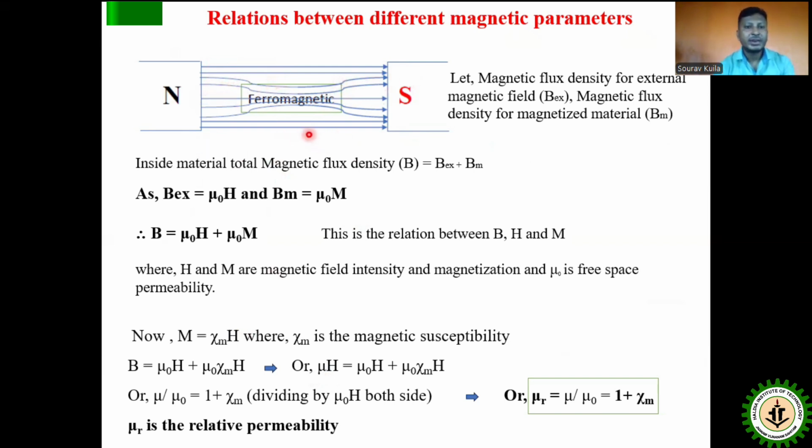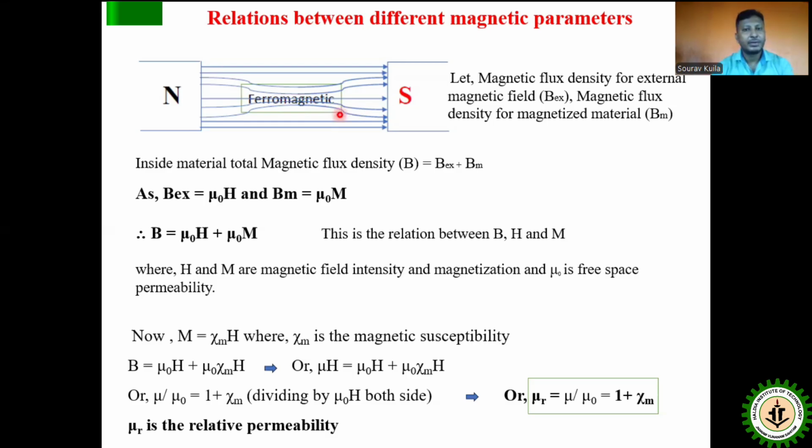When you introduce a ferromagnetic material inside a magnetic field, the maximum number of magnetic field lines will try to get into this ferromagnetic material, so there will be a depression of the field lines, because ferromagnetic material has a very high value of magnetic susceptibility chi.